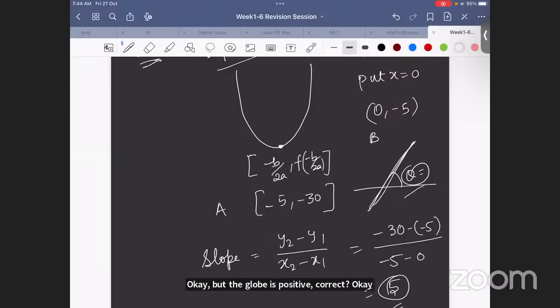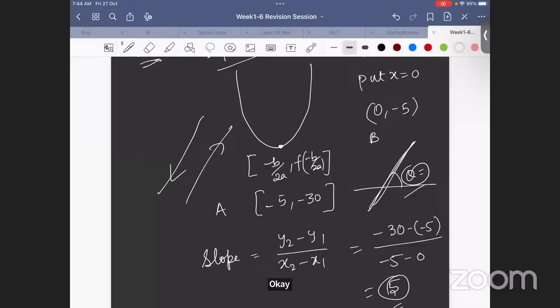Sir, but this is going upward, no? Any line can go downward also, or go upward also, the same line, right? Okay, sir.